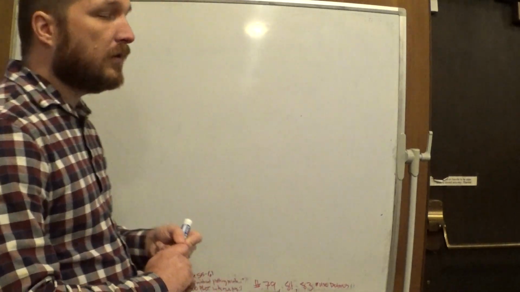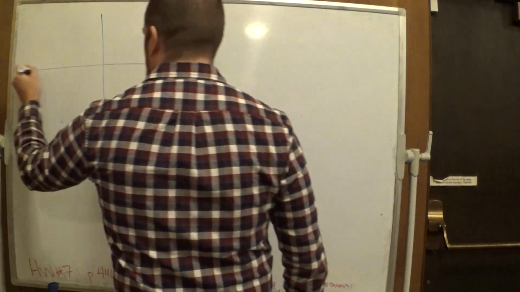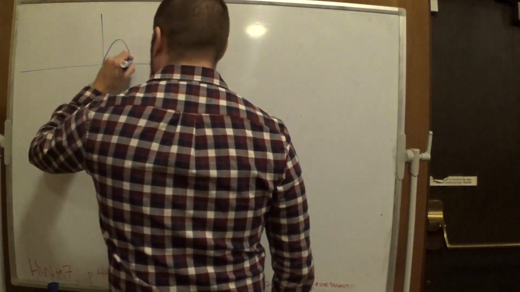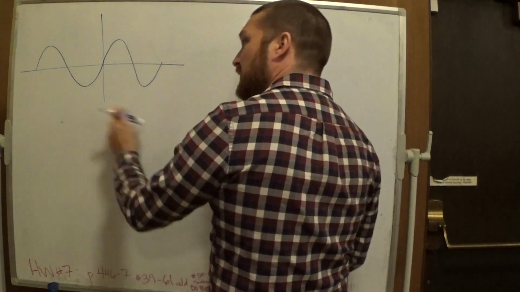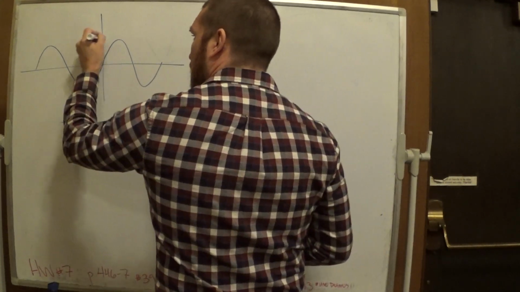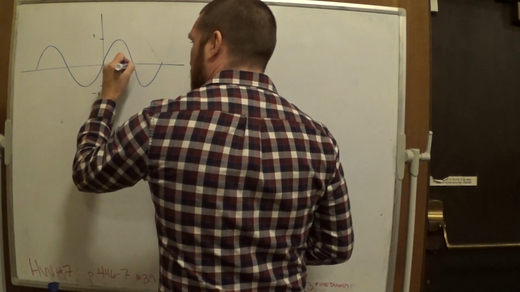And all it would be is you draw sine, right? 2 full periods of sine on either side. You label like this, you label like this.